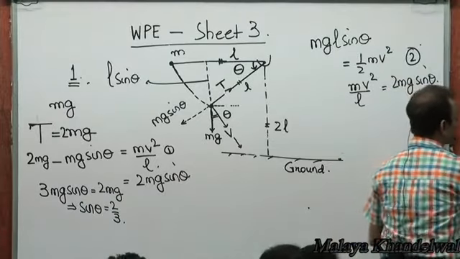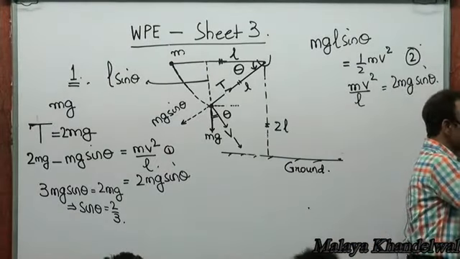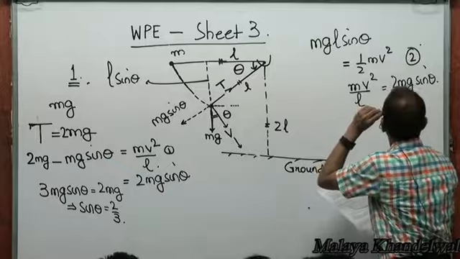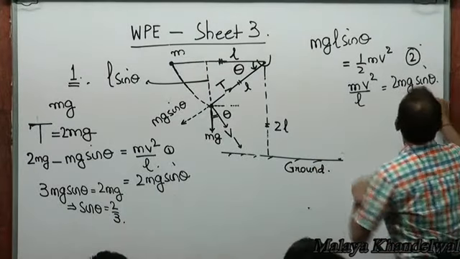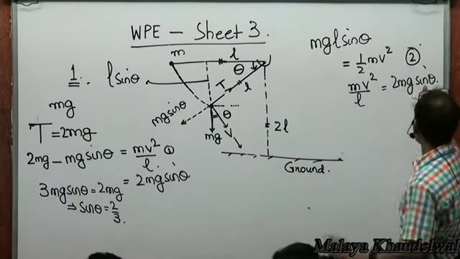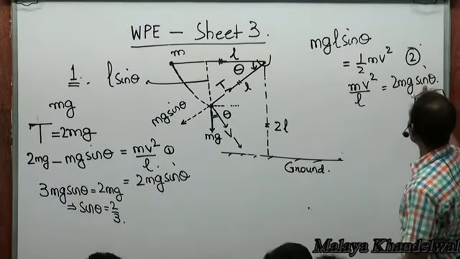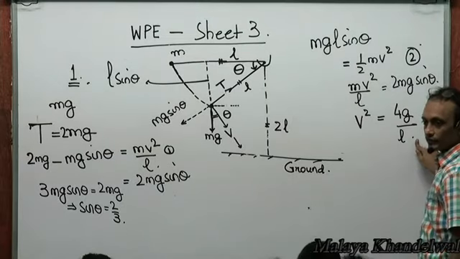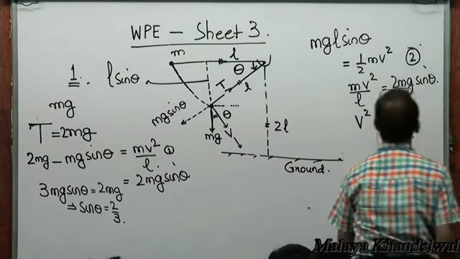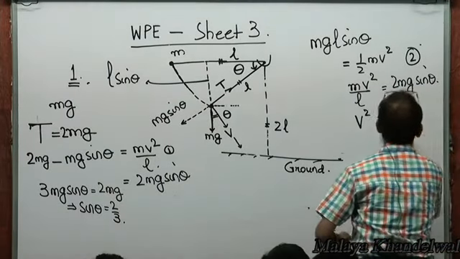Now, the next part of the problem is, so then, if sine theta is 2 by 3, realize that v squared, plugging in sine theta equal to 2 by 3, is 4g into L by 3.